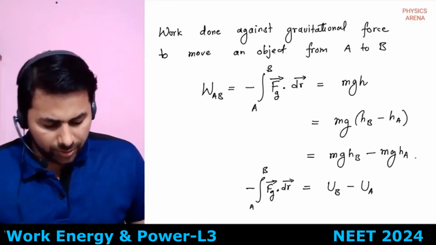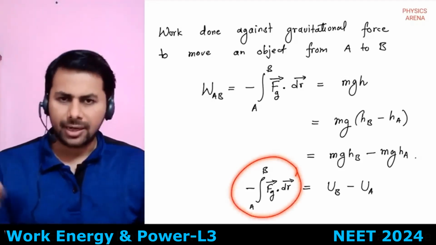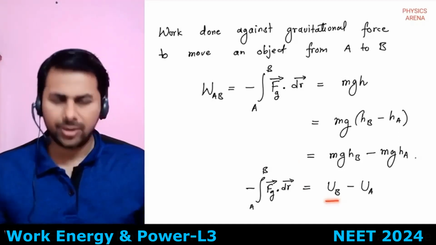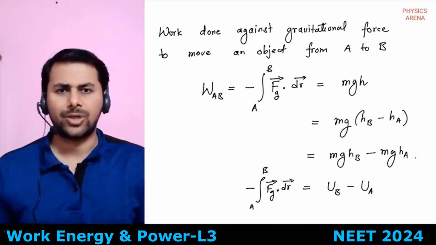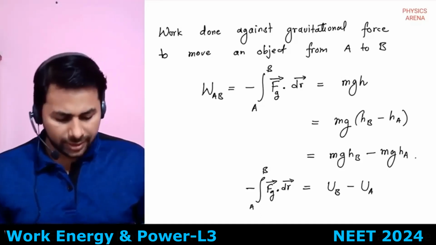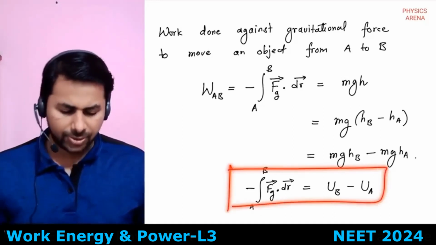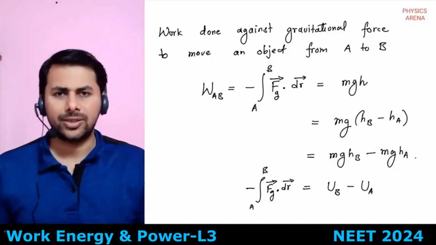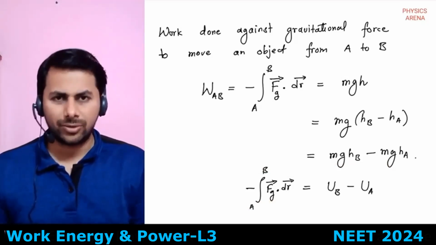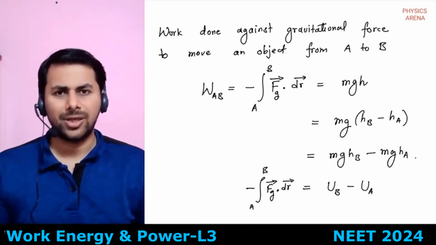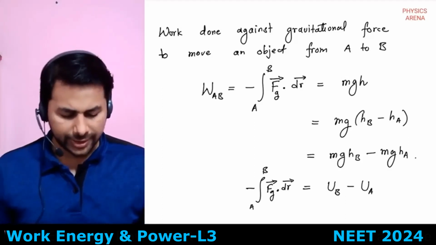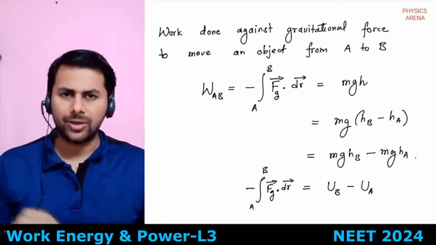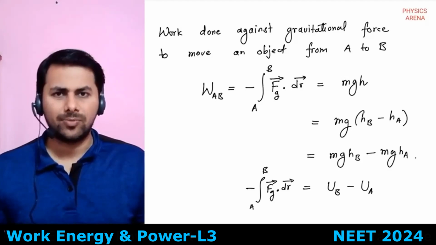Okay, so work done against the gravitational force can be written as what? Final potential energy minus the initial potential energy. And this is not just for the gravitational force, it is true for all conservative forces: work done against a conservative force gets stored as the potential energy of a body.